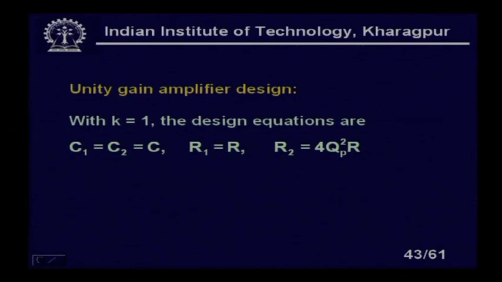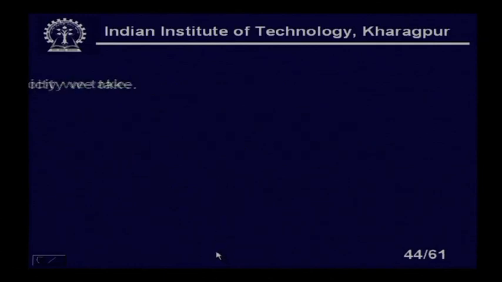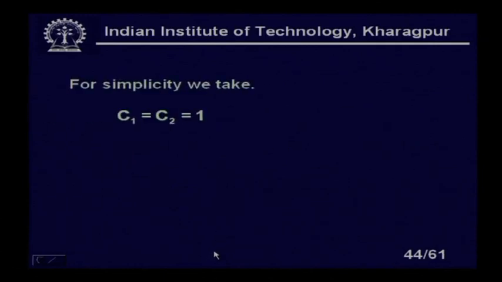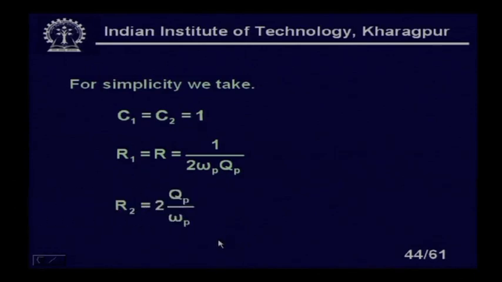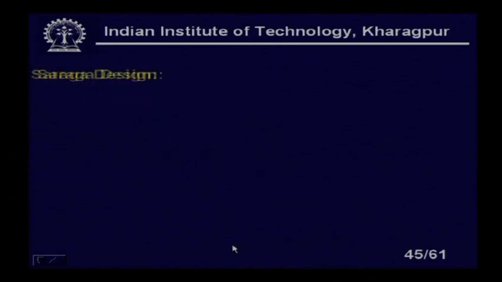So, obviously, k will be equal to 1 and C1 equal to C2 equal to C, R1 equal to R and R2 equal to 4 Q p square into R. CR equal to 1 upon 2 omega p Q p. For simplicity, we take C1 equal to C2 equal to 1 and R1 equal to R equal to 1 upon 2 omega p Q p. So, R2 equal to 2 Q p by omega p.